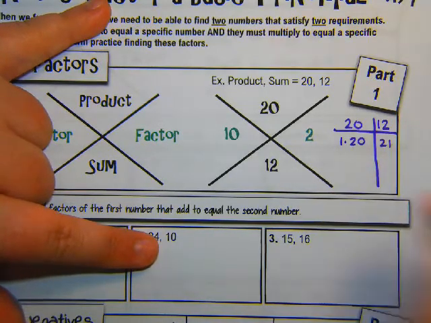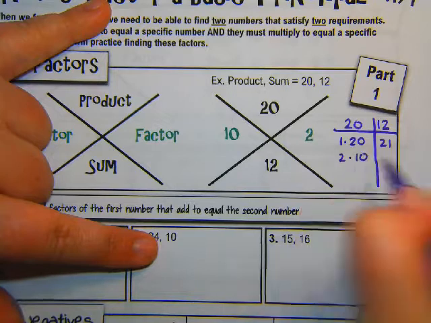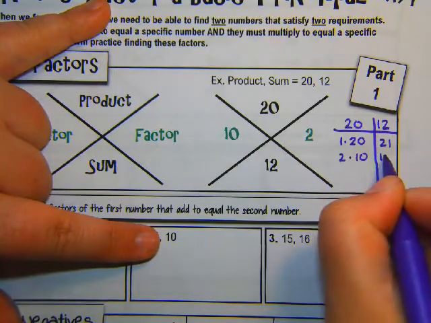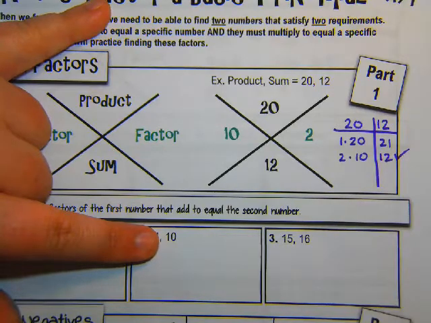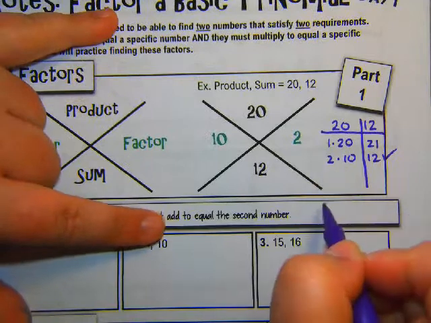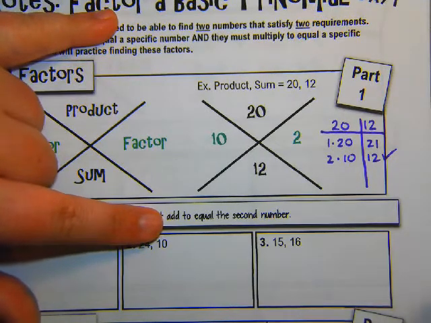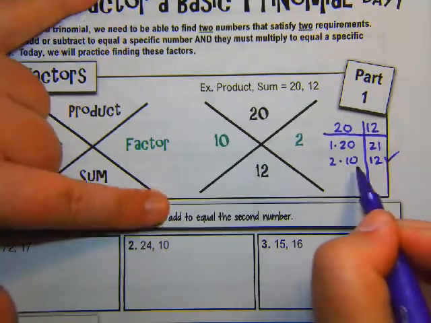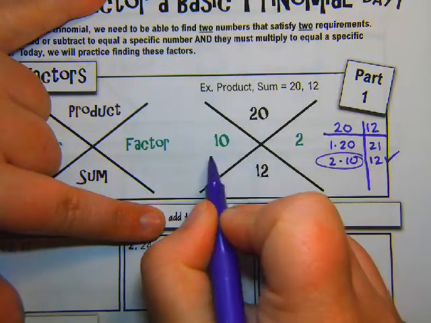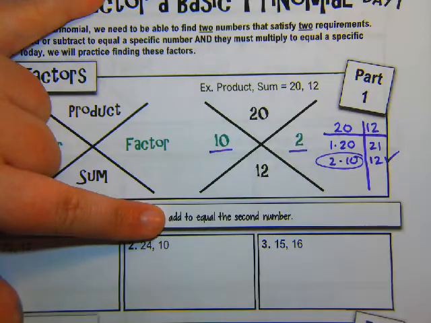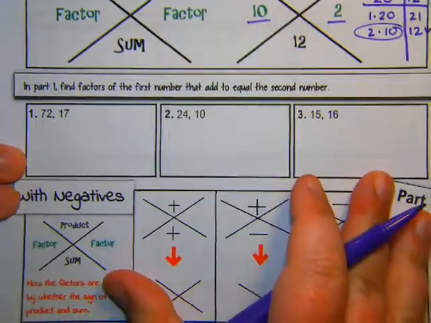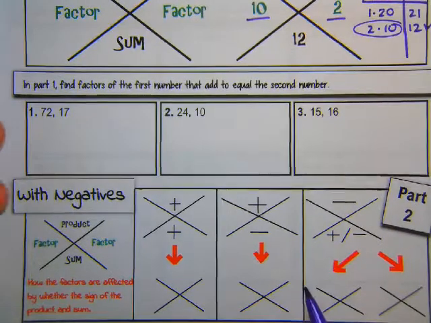That's not 12. 2 times 10, that is 20. When I add them, I get 12. That's good. I can stop there. So I always like to start with the lowest numbers and go higher and higher. That's just how I do it. But there you go. So these 2 numbers make this true. So those become the factors, 2 and 10. You can put them in either order. It doesn't matter.